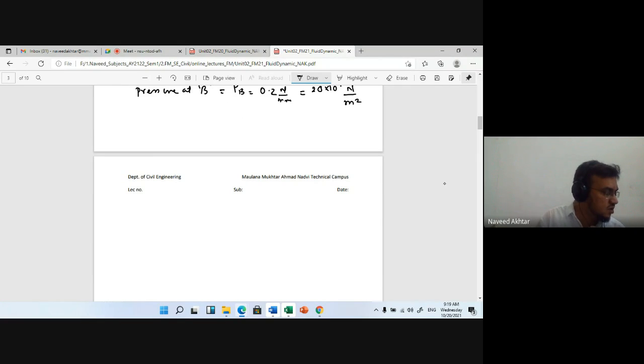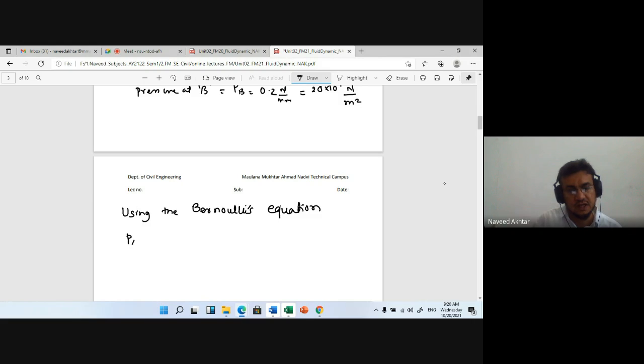So using the Bernoulli equation, pressure at A, PA upon rho G plus VA square upon 2G plus ZA is equal to PB upon rho G plus VB square upon 2G plus ZB plus your head loss HL.